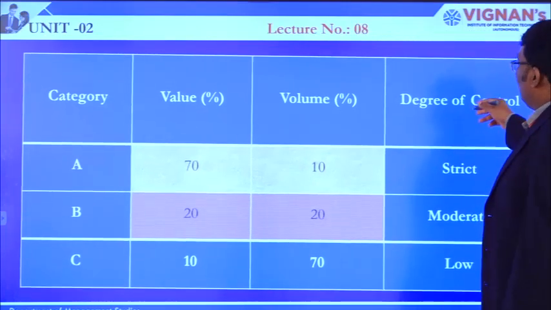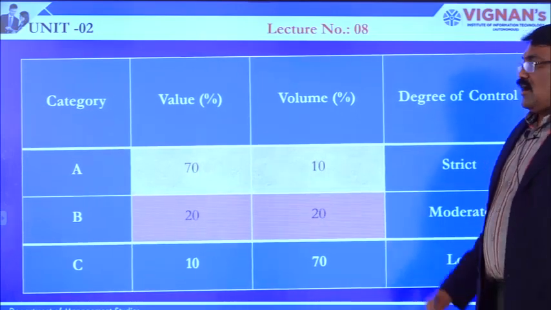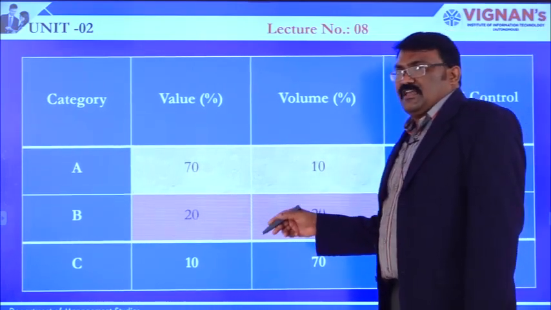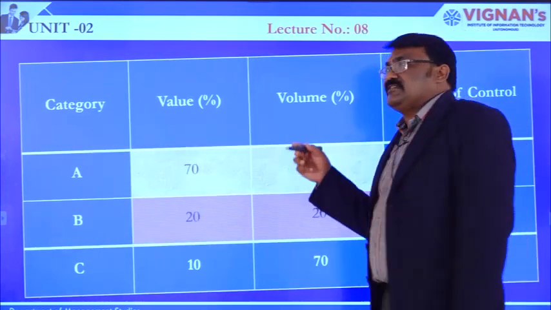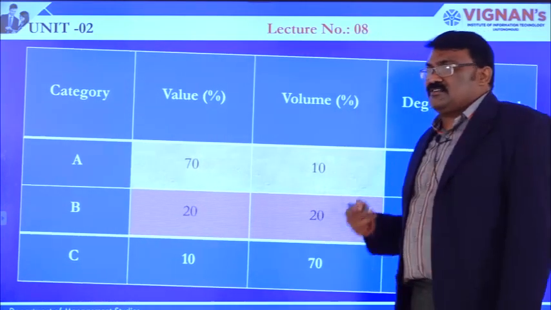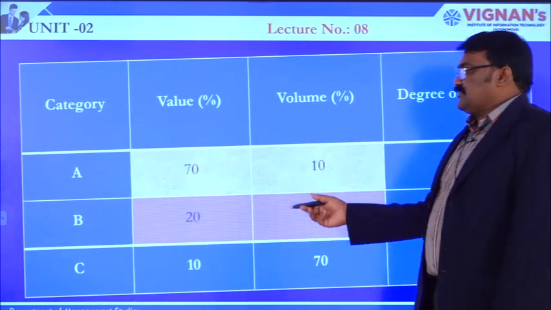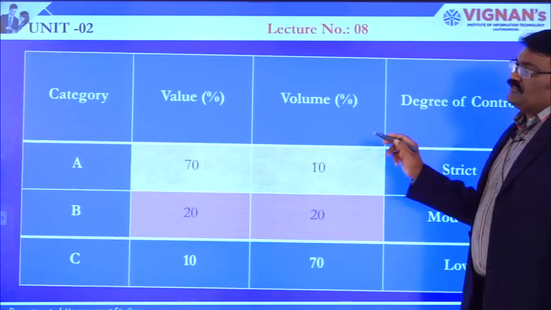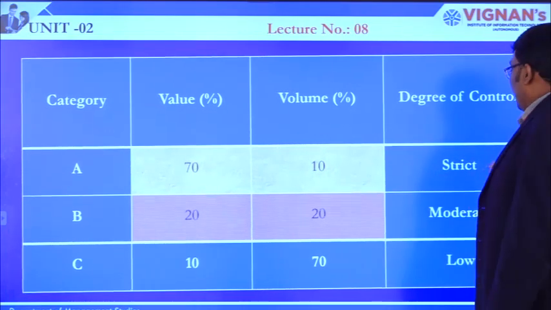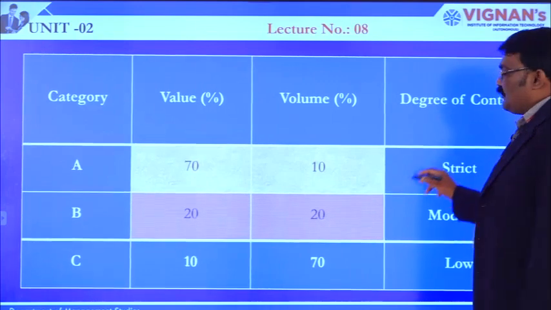Now, how should the importance of control be given? The control should be given in such a way that the 70% of the value has a high level of importance.